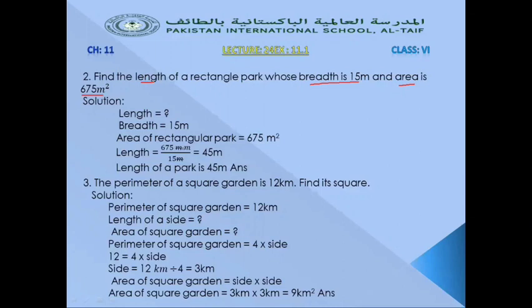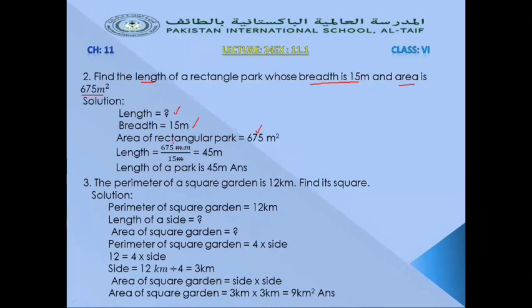Dear students, in the given information we have to find the length, and area and breadth are given. Now the area of a rectangle is equal to length multiplied by breadth, but when we have to find the length, it will be equal to area divided by breadth.